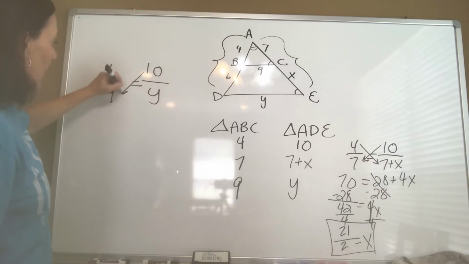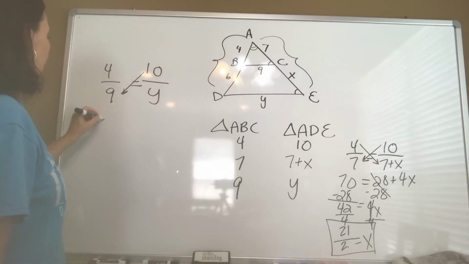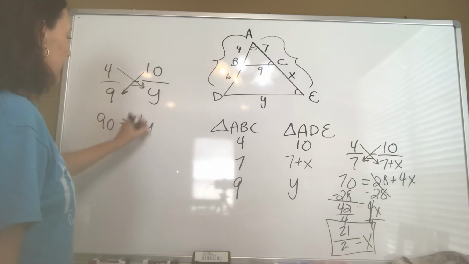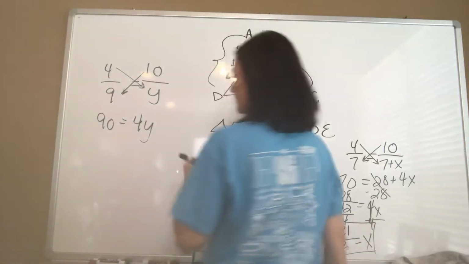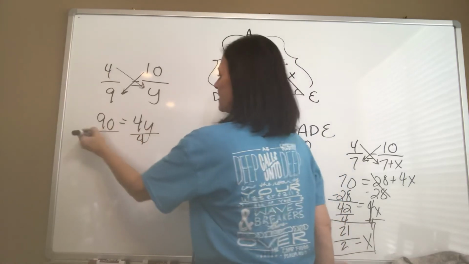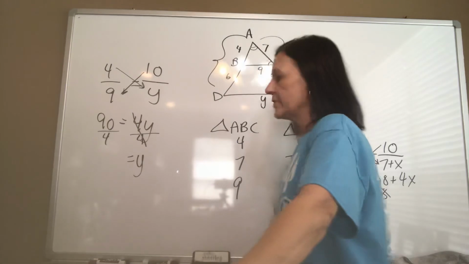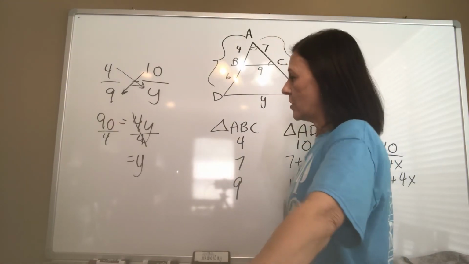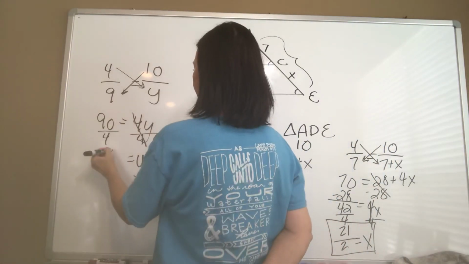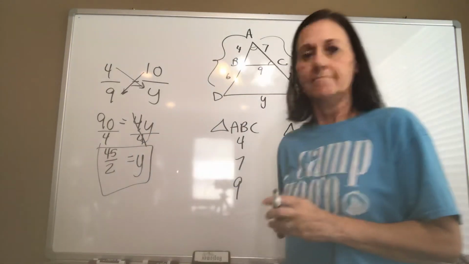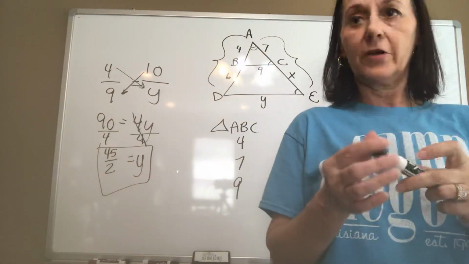Cross multiplying. 10 times 9 is 90. 4 times y is 4y. I divide both sides by 4. Both of those are divisible by 2. So y is 45 halves. All right, makes sense how we're going to solve those?